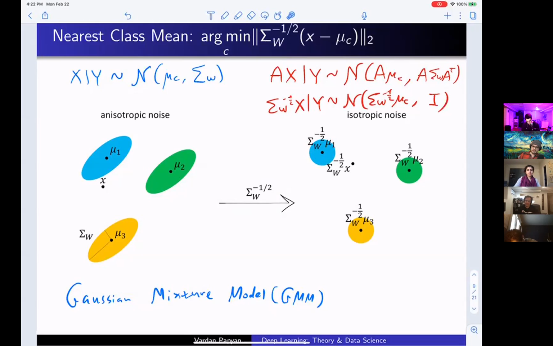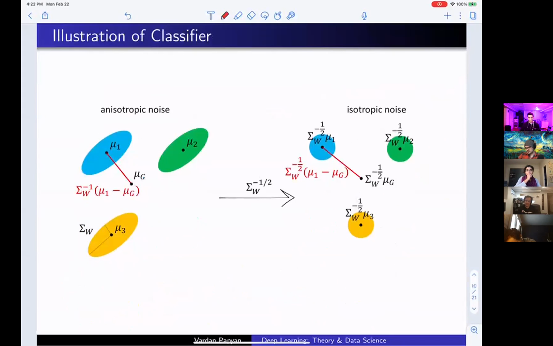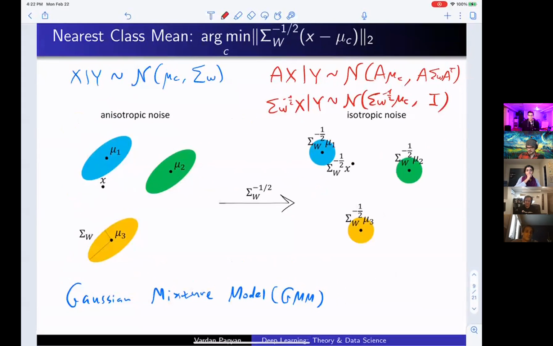And after we have this, if I give you a certain example, which is sigma minus half times X, and ask you... It is called noise whitening. That is correct, yes.